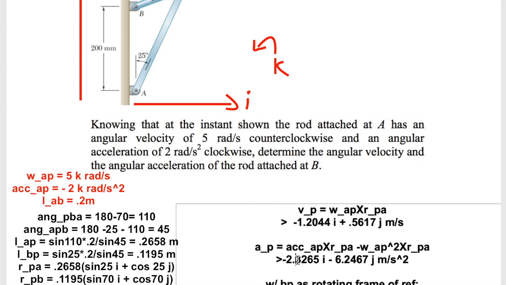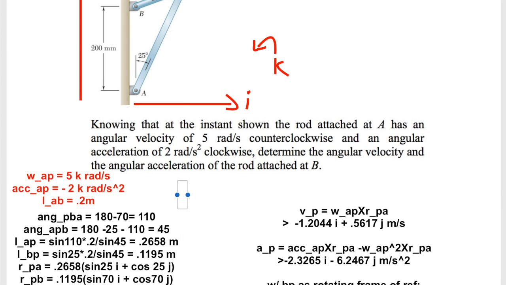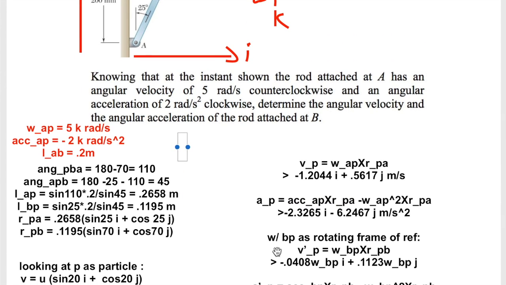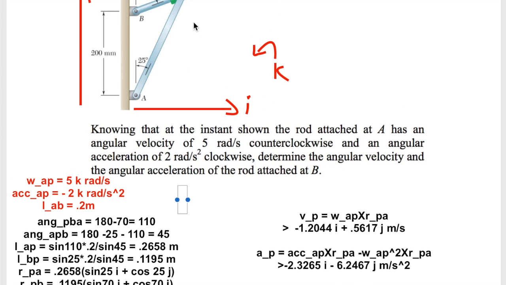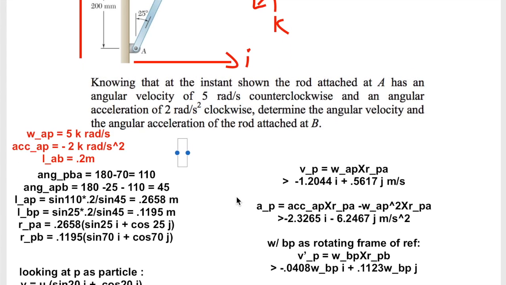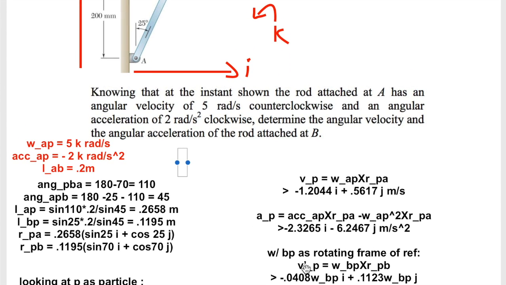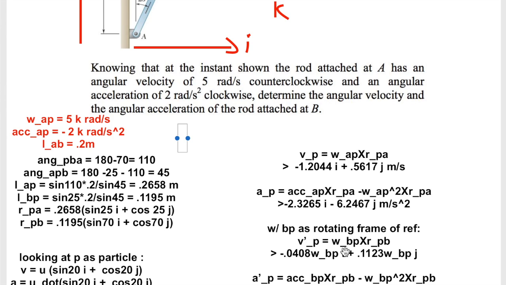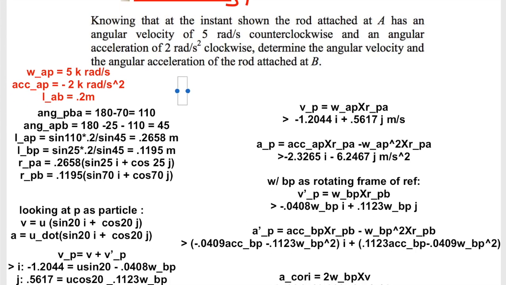We get this right here, just with that rotating fixed frame. Then right here, if we think with respect to this BP, we can do a similar thing. Same thing: omega PB crossed with R P/B gives the velocity, and we do the exact same thing as above for the acceleration.